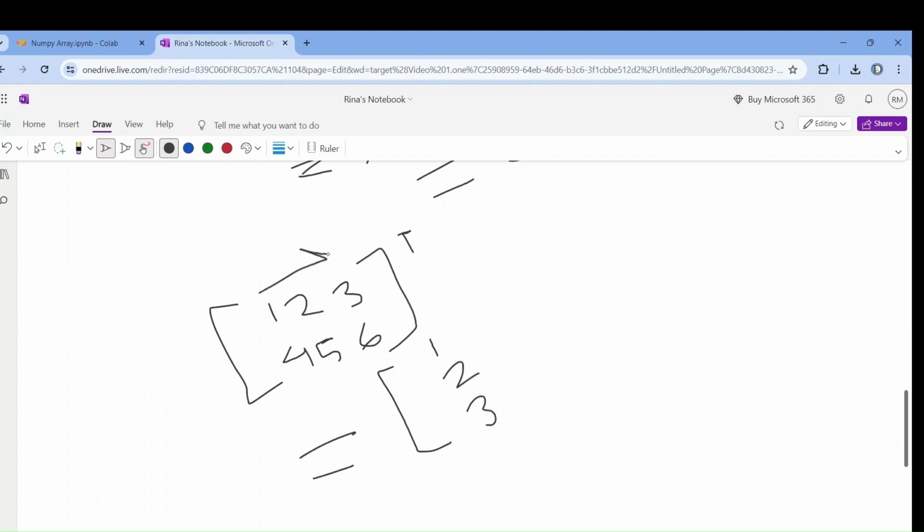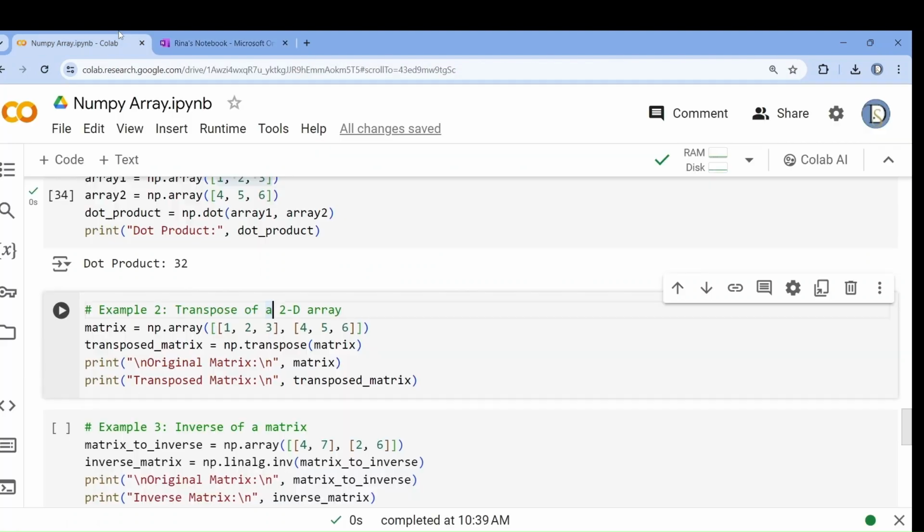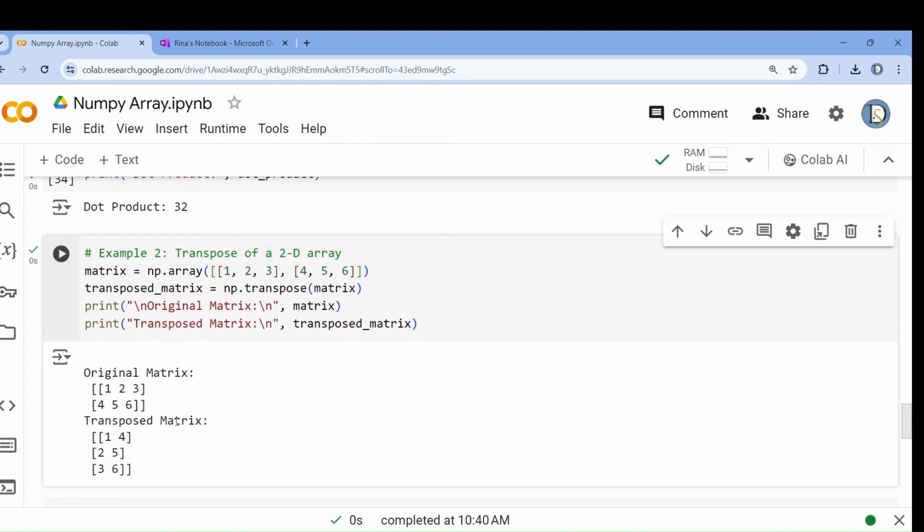Nothing to be confused. This one will become downwards. Second row, this one will start from the second column. So 4, 5, 6. Clear? So what happened? See, this is the column that has become a row. This is the row that has become a column. Okay, no confusion. Just take this one, put it this way. Second one, put it this way. Third one, put it this way. Okay, the matrix will be transposed. Let me show you. This is the original matrix. This is the transposed matrix.